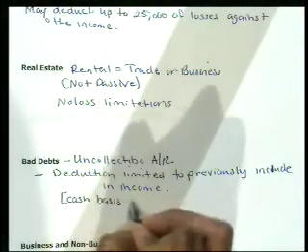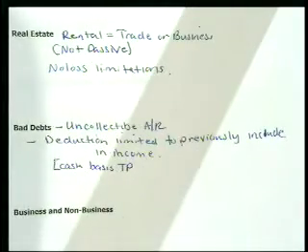Now, if you are a cash basis taxpayer, okay, if you are a cash basis taxpayer, meaning that you're not going to report your income until you receive it. So even though you have an account receivable, you never report it until you receive it as income. So therefore, since it never was reported as income, it is not a bad debt.